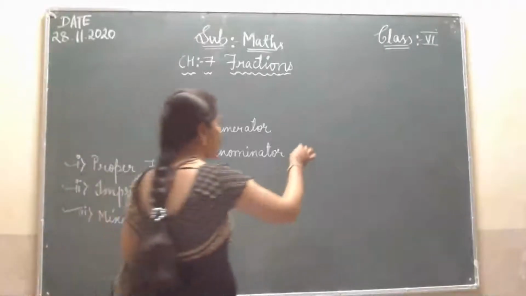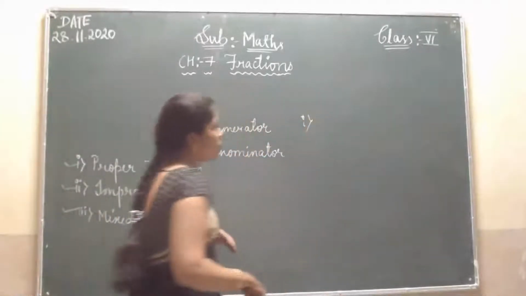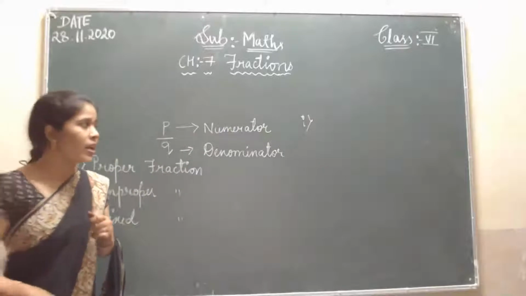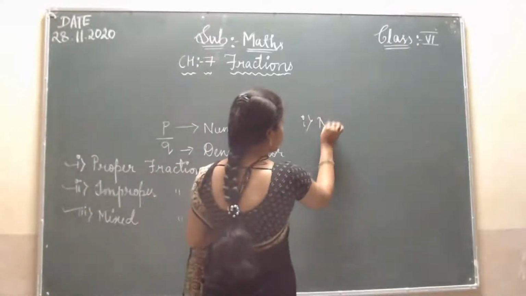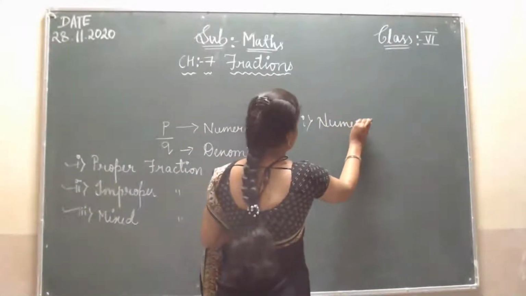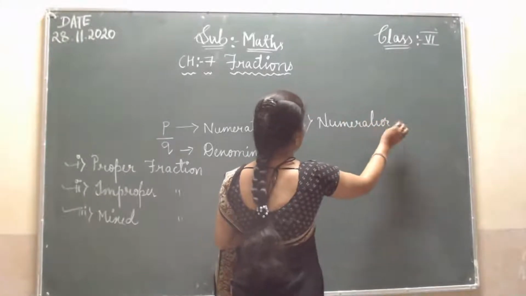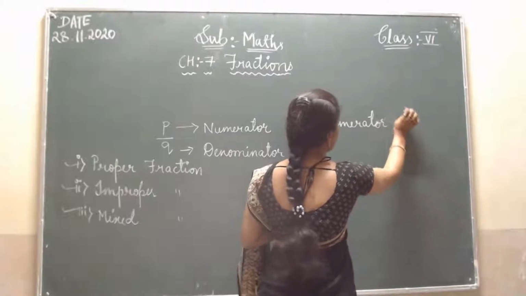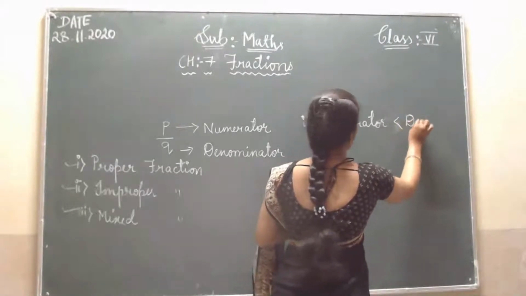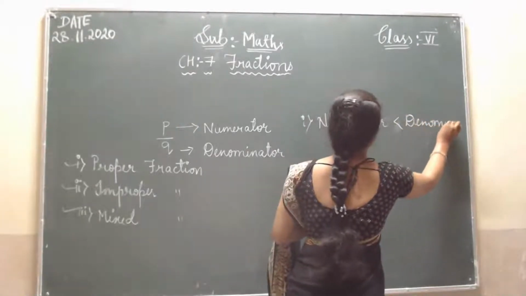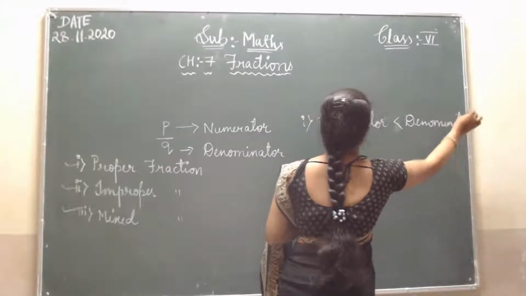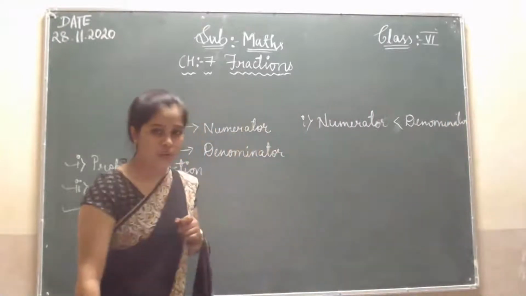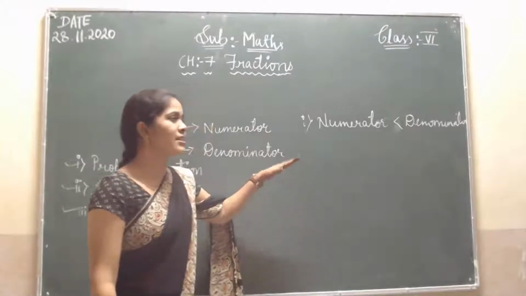What is a proper fraction? That is the first one. Here the numerator is less than the denominator.